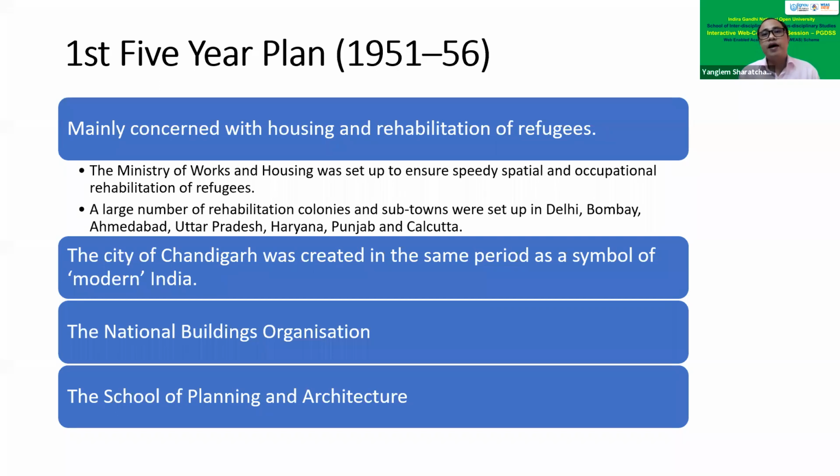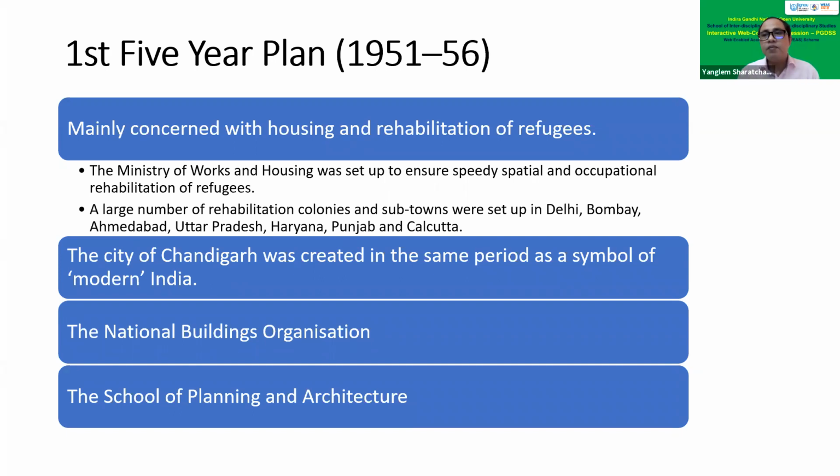Because of that, most of our urbanization happened due to partition, right? So refugees, as we called them at the time, though now those people are no more refugees. In that time, the Ministry of Work and Housing was set up in the 5-year plan to ensure speedy, spatial and occupational rehabilitation of those refugees, right?